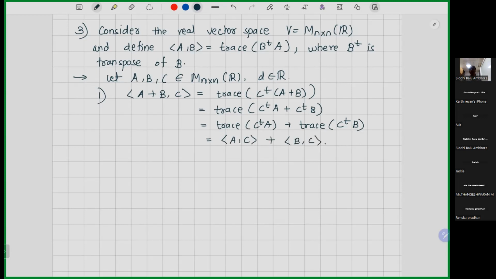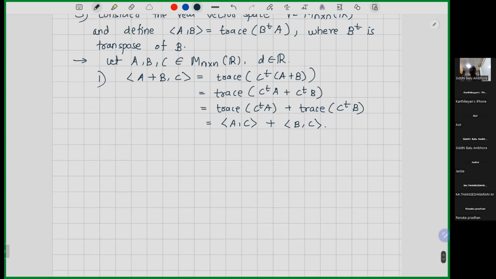Is it clear? Multiplication splits over addition for matrices, so C transpose (A plus B) becomes C transpose A plus C transpose B, and trace is additive. Because addition of matrices is entrywise, and when we take the trace, it is just addition of the ith entries. So that's why trace is additive, and we get this.